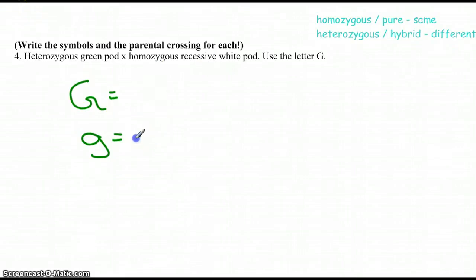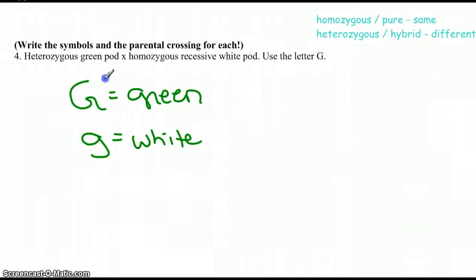Okay, so white is recessive, which is my lowercase g, and green is my dominant. Now, just because up to this point I've been listing the dominant allele for the trait first and the recessive second, that's not always the case, so make sure you always read. I will have a problem on homework where I switched around, so pay attention to that.